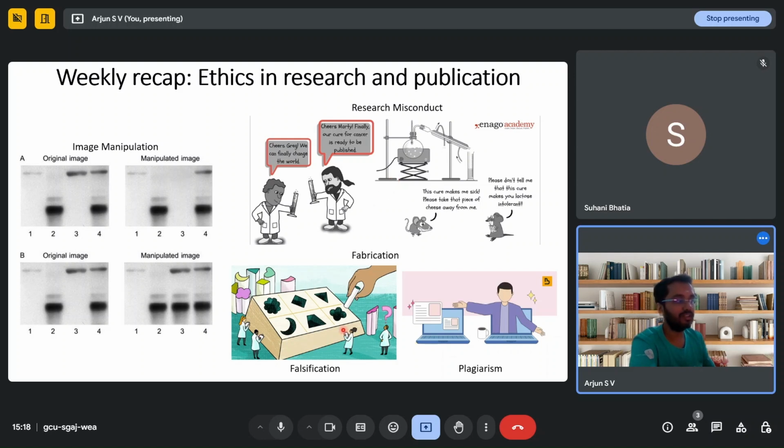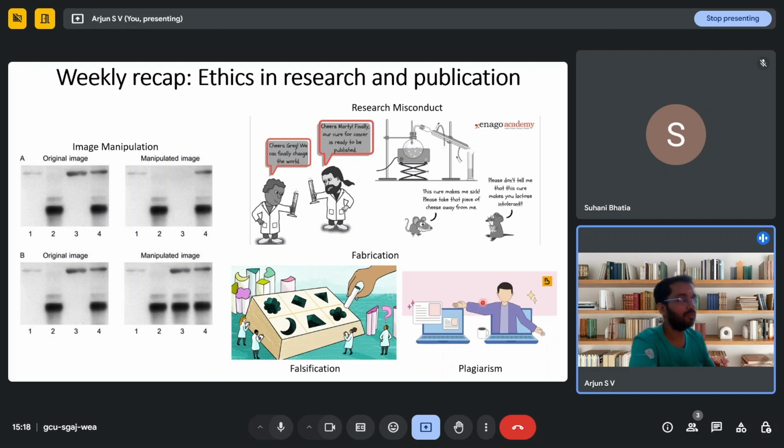Second, falsification of your data, where something which is known to not work is proven to work by a series of falsifications. You change the data, add, delete, or modify data to prove that something which is not working is working, or vice versa.